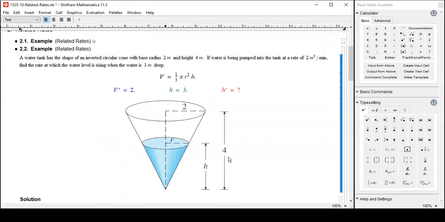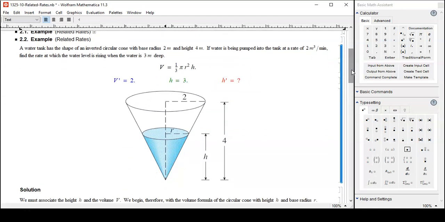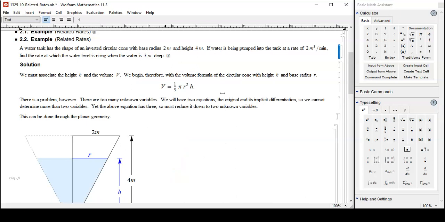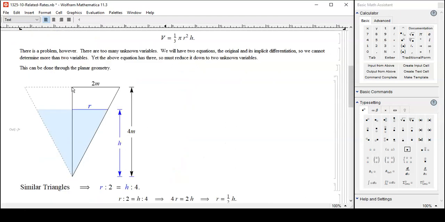You see, this gives you too much information. So look at it at this horizontal level, then you're going to see a right triangle instead of this circular cone, like this. So 4 meter high, 2 meter, and from here we can find out the relationship between r and h.